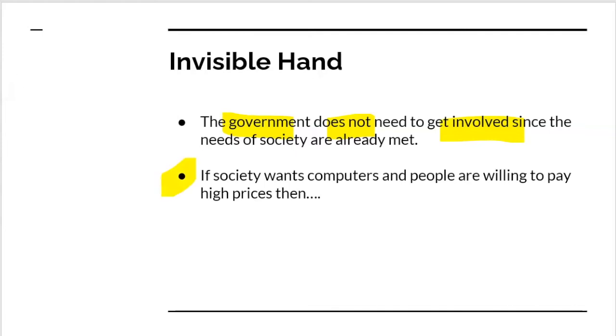And so our example is with our second bullet point here. If society wants computers and people are willing to pay high prices, then what are companies going to do? Companies are going to produce more computers and are going to price them relatively high because people want computers and are willing to pay a high price there. That's basically the invisible hand. There is no need for the government to step in.